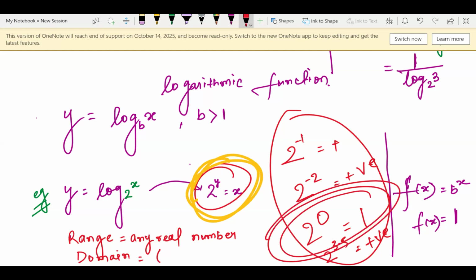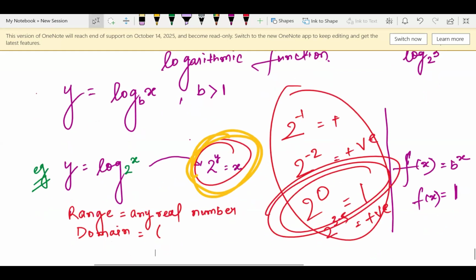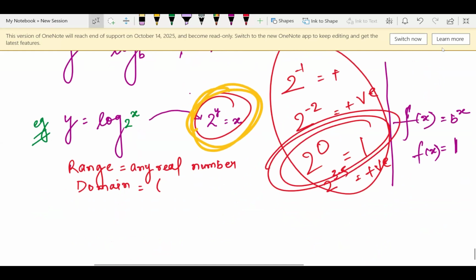Are the two x different, like log x base 2 and 2 to the power y equals x? No, it's the same. I am trying to write this logarithm in exponent form. This y will go in the power of the base, and that will be equal to x.